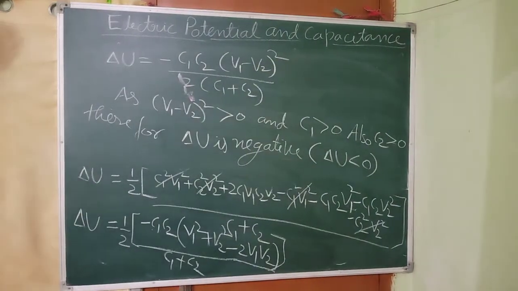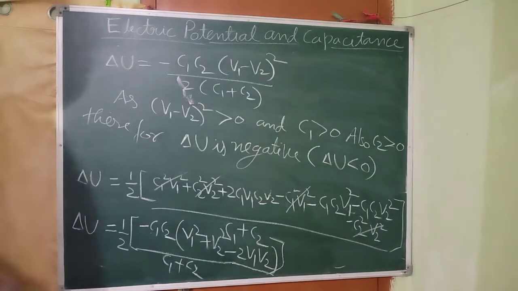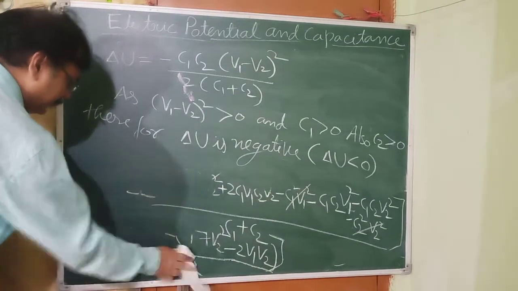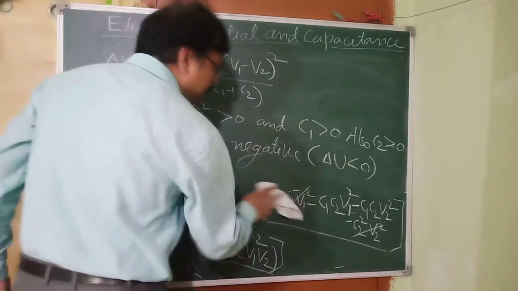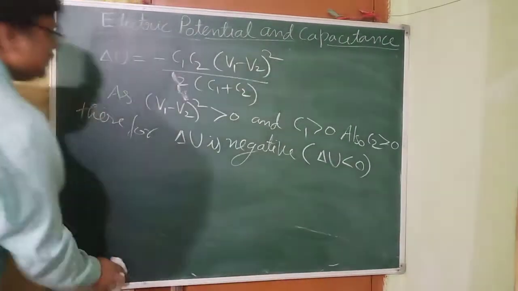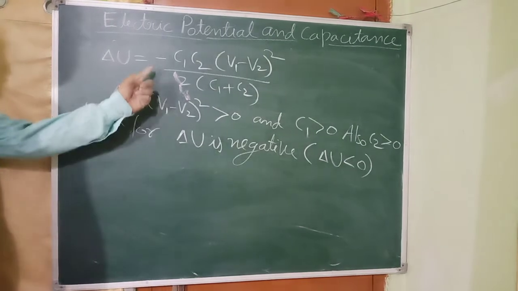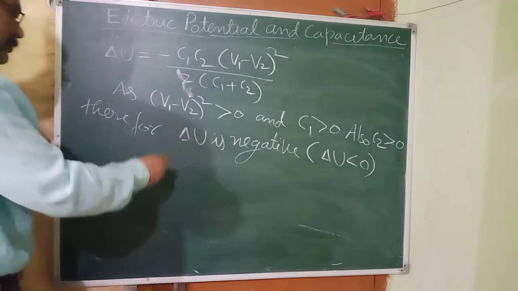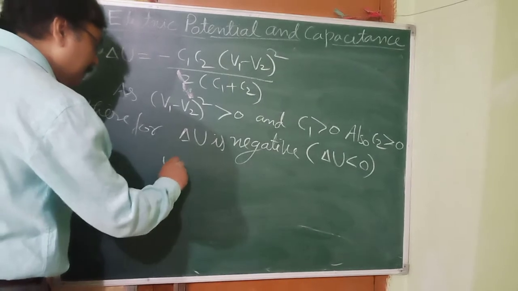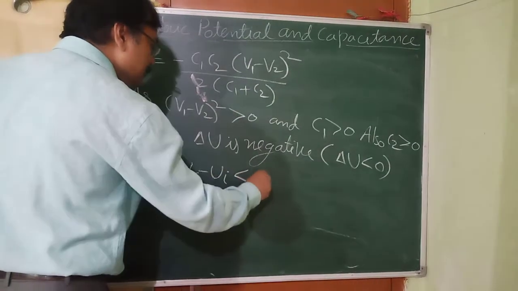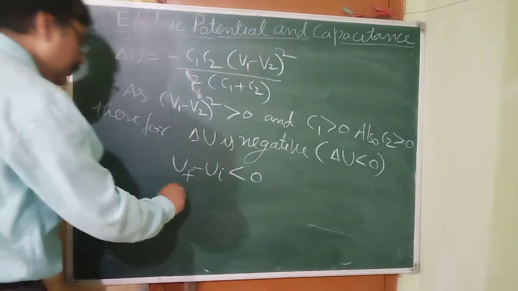Okay. Now what will happen when this delta U is negative, that we can see from here. The difference in energy is coming this much. What is the minus sign indicating? Because delta U is negative, what is the meaning of that? That means delta U, which is UF minus UI, is less than 0.